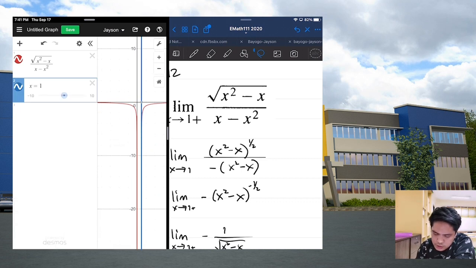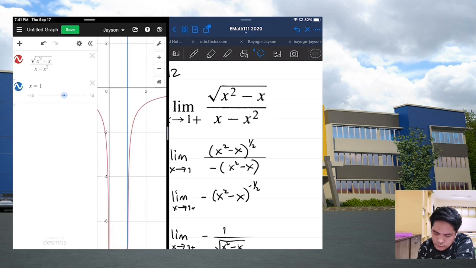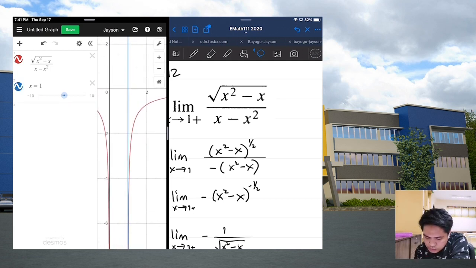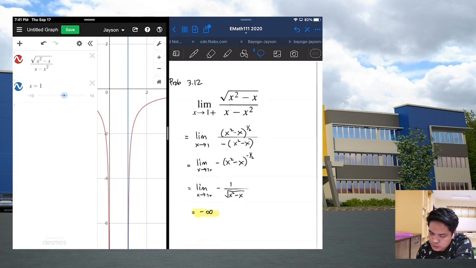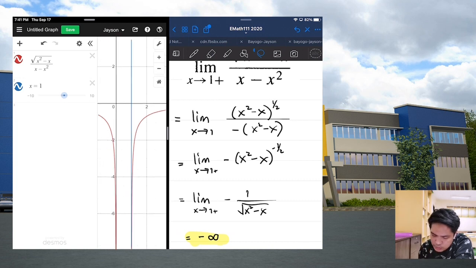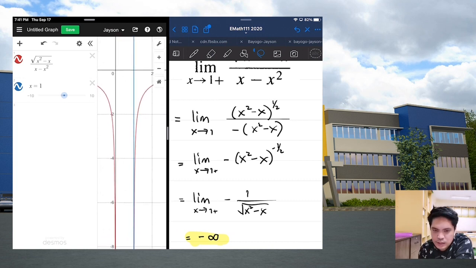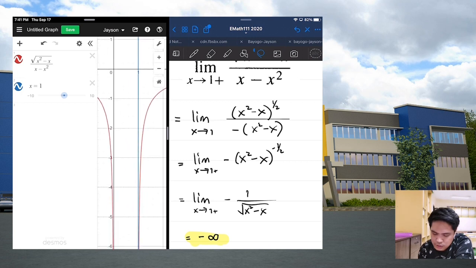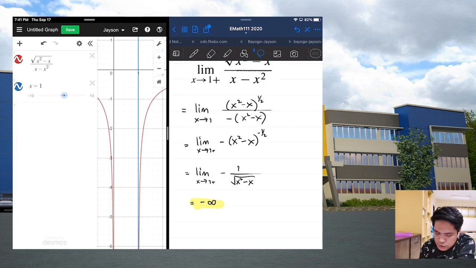So, as x approaches from the right, actually, no? From the right, it approaches to negative infinity. Ganon siya. Okay? Kasi from the right din naman, yung sabi. Approaches from the right. From the left kasi, approaches from the left, it does not exist. No? If you notice, kasi wala siyang graph sa left of x equals 1. Okay? So, yun yung illustration natin.